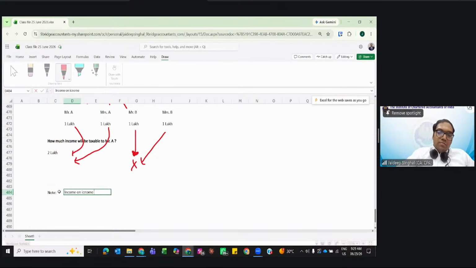Income on income is not generally clubbed, but it is clubbed in case of minor child. Clear?